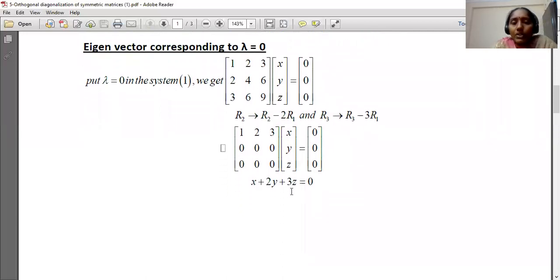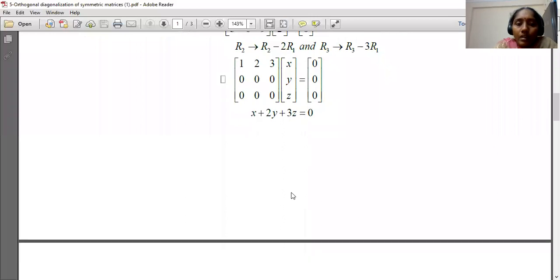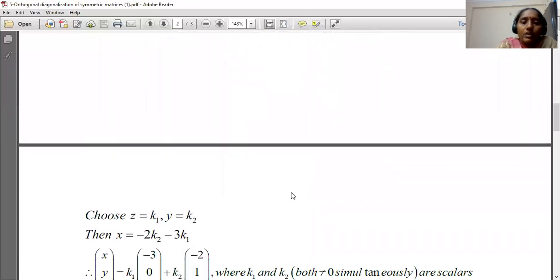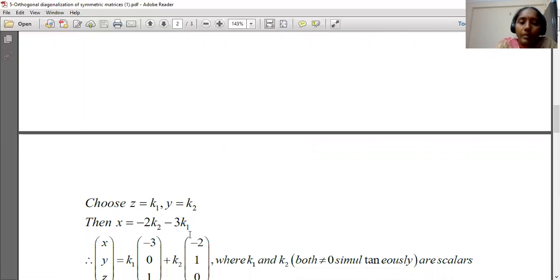For this, I am considering z equal to k1 and y equal to k2. Substitute those values in the above equation. Then you will get x equal to minus 2k2 minus 3k1.